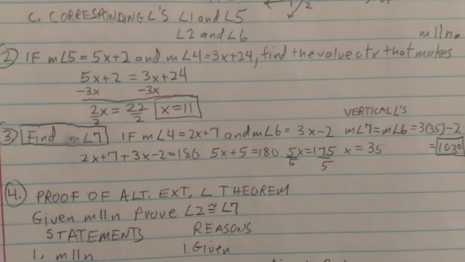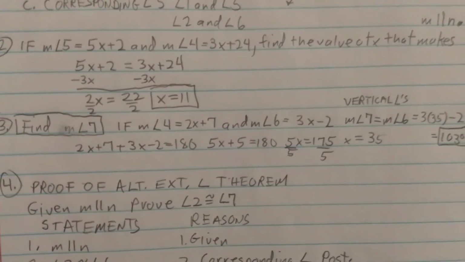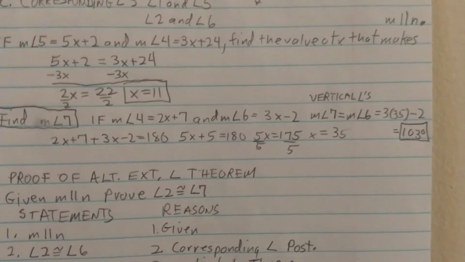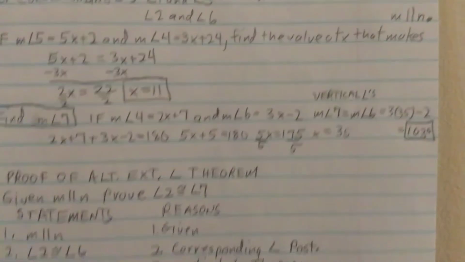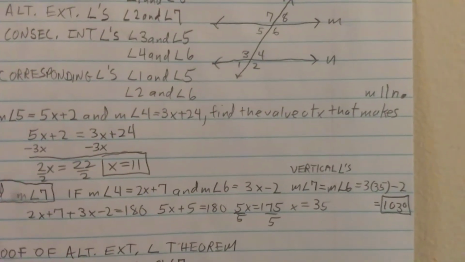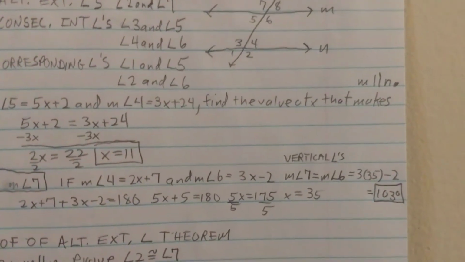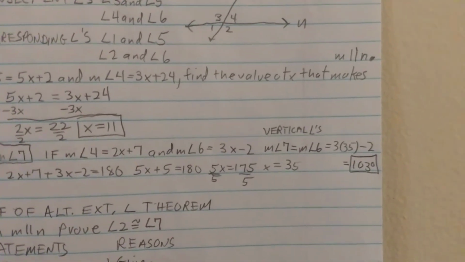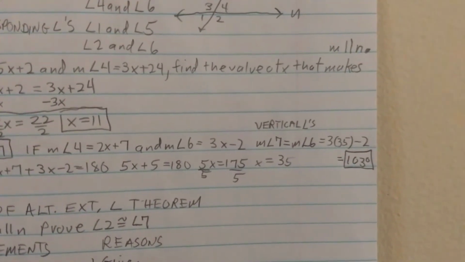Subtracting 5, 5x equals 175, dividing by 5, x equals 35. But we want to find measure of angle 7, which is equal to measure of angle 6 because they're vertical angles, and that would be 3 times 35 minus 2, or 105 minus 2, or 103.